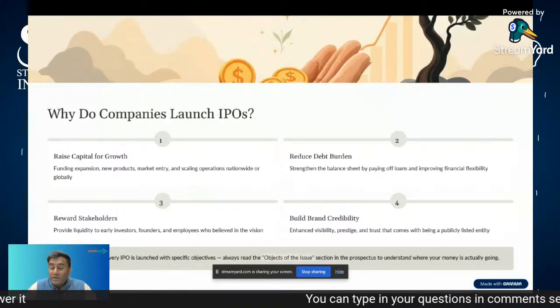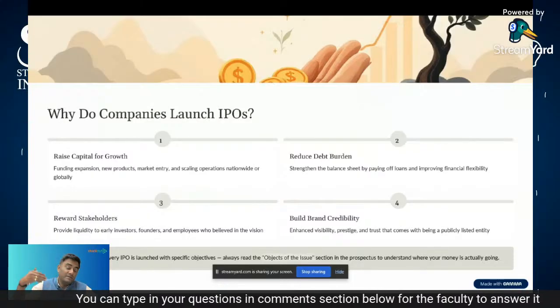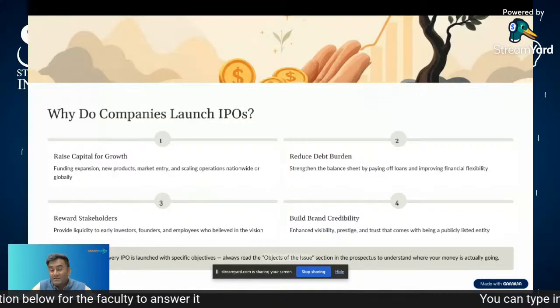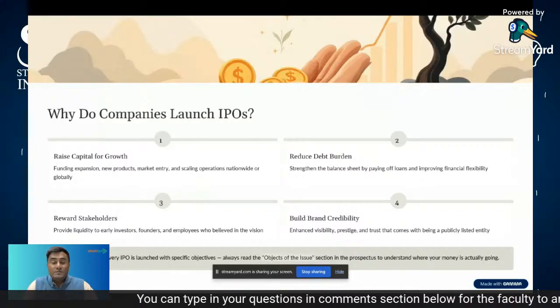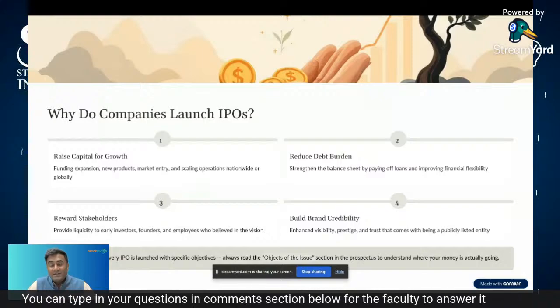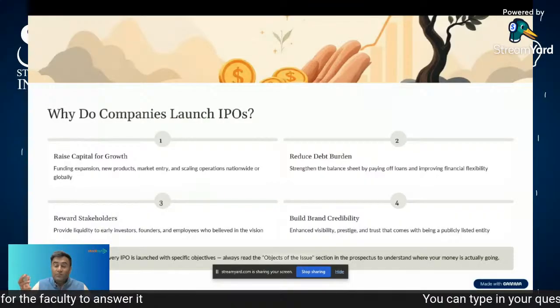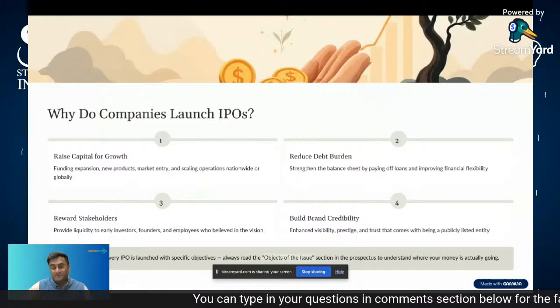Point number 2, reduce debt burden. Many companies do come up with IPOs to reduce their debt. This ends up strengthening the balance sheet by paying off loans and improving the company's financial flexibility. Now this point needs to be scrutinized, friends. We need to go into the depth of the company's financials and see why it has debt in the first place.